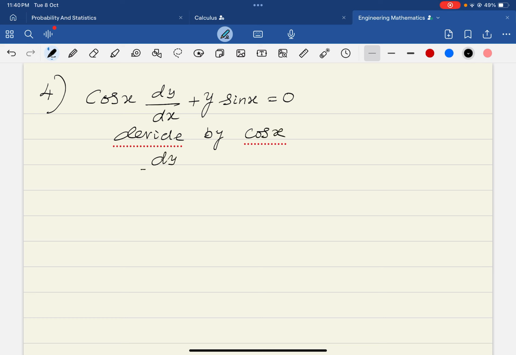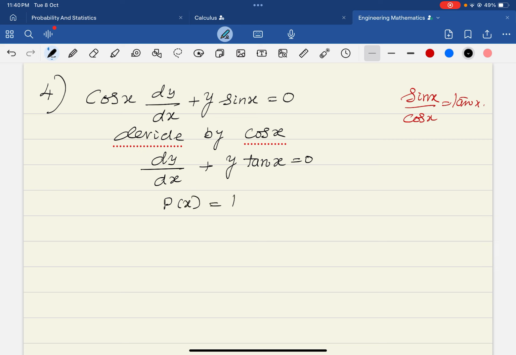So, what we get? dy by dx plus y times sine by cosine, which is tan x, is equal to 0. Sin x by cosine x is equal to tan x. So, this you know.